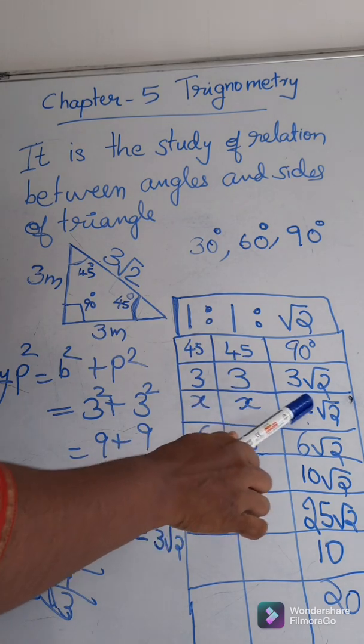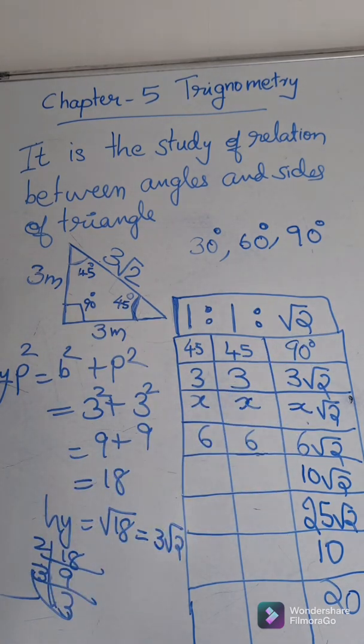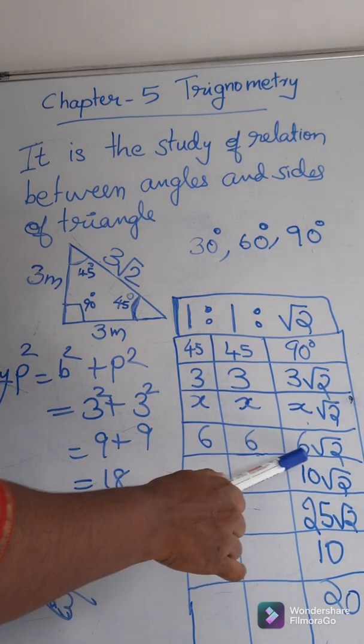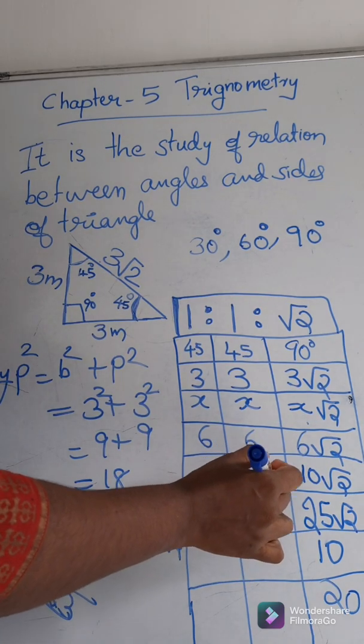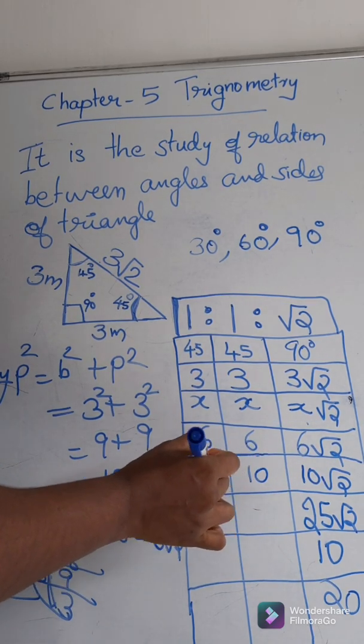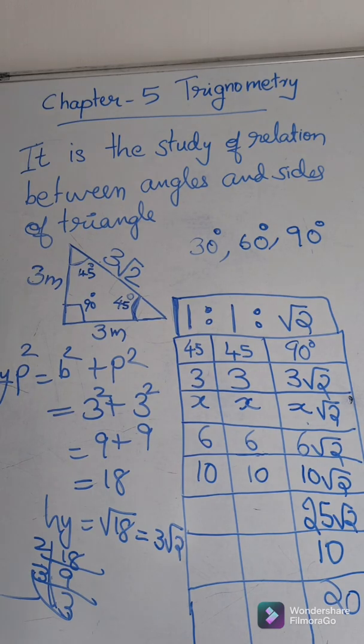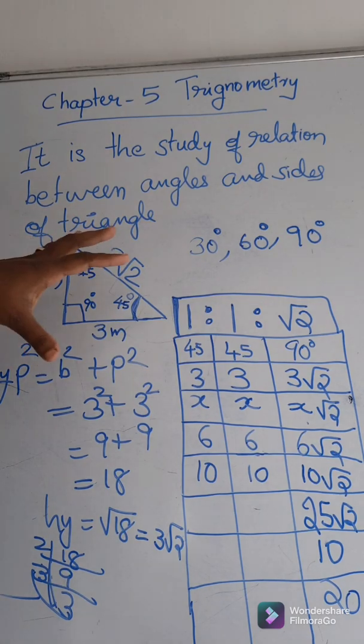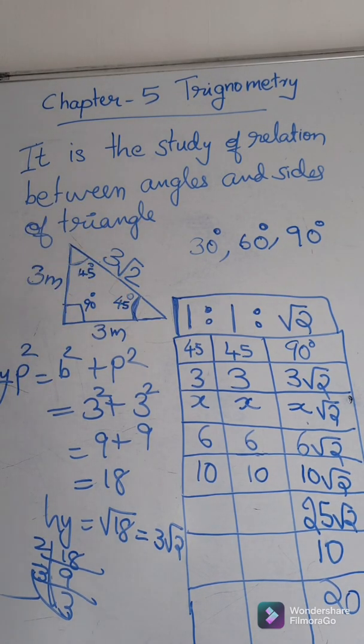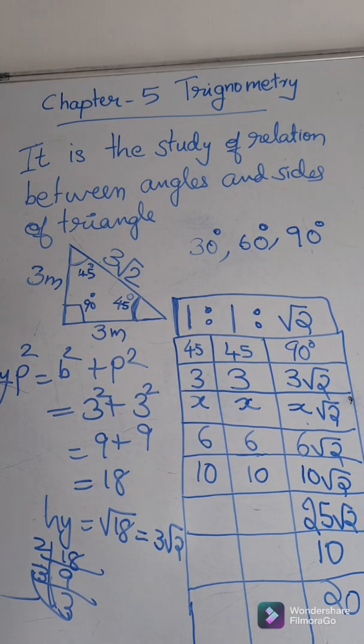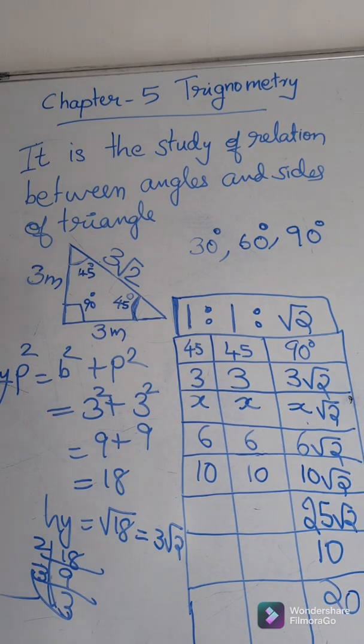Here x, x, x root 2, so x is 10. So we can write 10, 10, and these are the sides 10, 10, 10 root 2. There is no need of calculating because everywhere this ratio is the same.